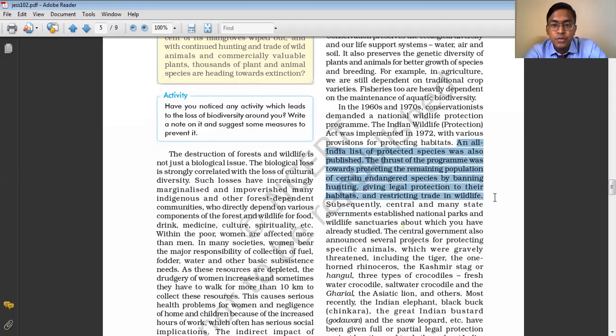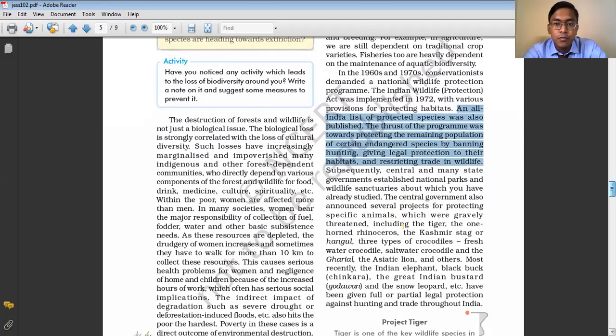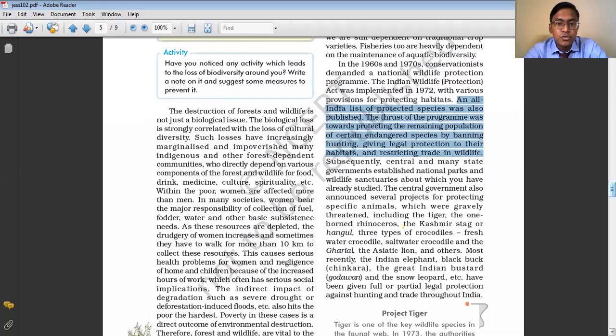So the main objective of the Wildlife Protection Act of 1972 was to implement a program through which the remaining population of endangered plants and animals can be protected: by banning hunting, by giving legal protection to their habitat, and by restricting the trade in wildlife. Many times wild animals are captured and sold in the international market, and such trade, which was prevalent earlier, has been restricted in our country.